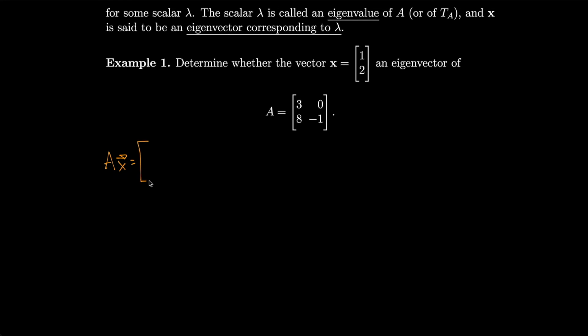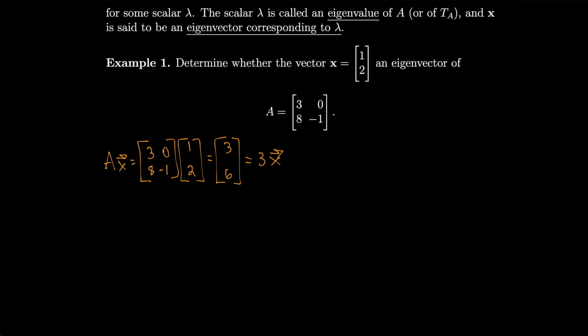So let's see, we have A is [3, 0; 8, -1], and we have x is (1, 2). When we multiply them, we get (3, 6). So that's the same thing as, well, x was (1, 2), so that's just 3 times x. It really did just scale it by 3 by multiplying by this matrix.